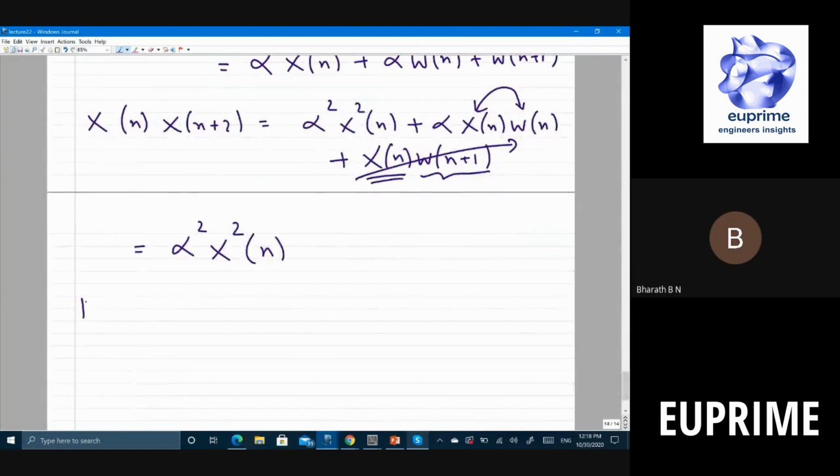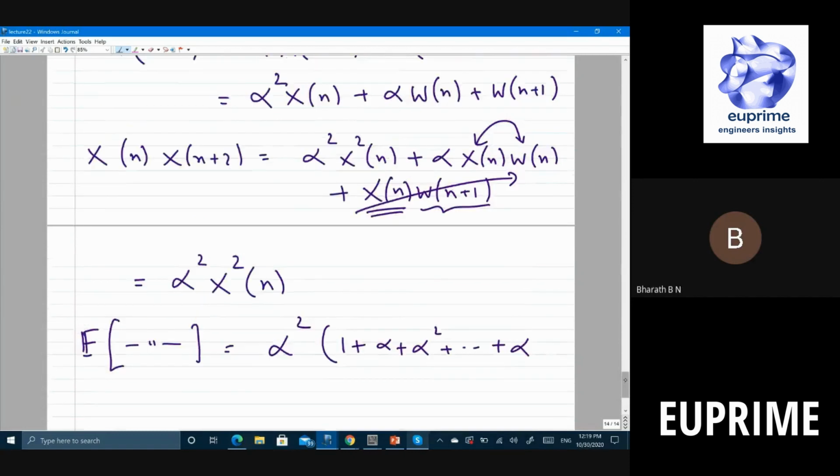So now the expected value of this whole thing will be alpha squared times expected value of... we can take the expectation out. I mean, you can take the expectation in and write this.